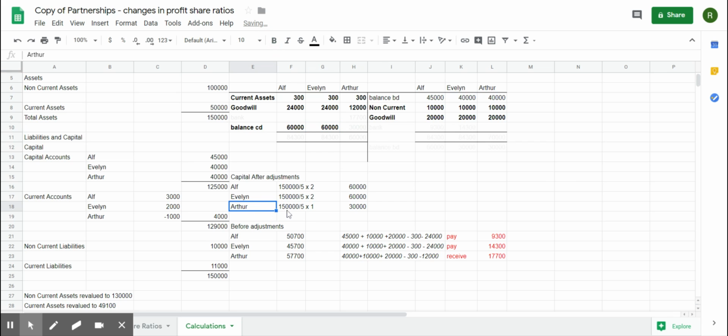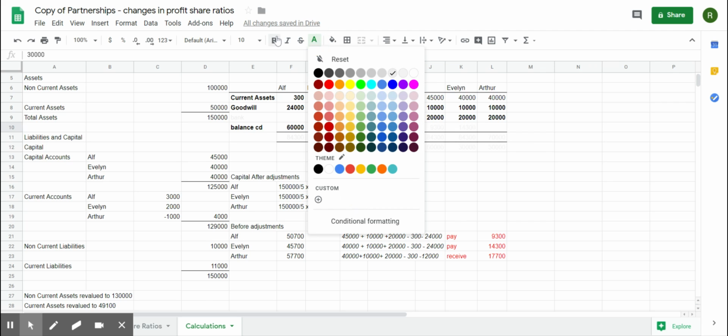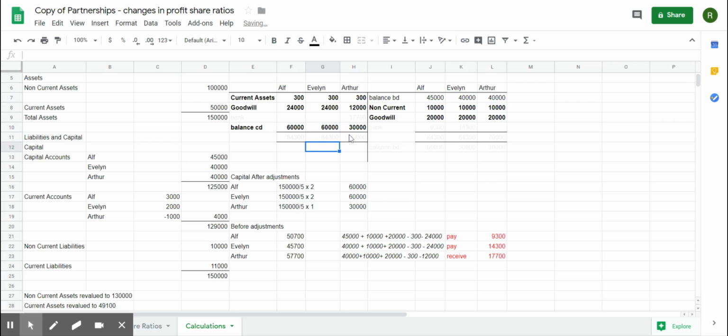And Arthur only needs to have 30,000 in the business. Okay, so the total capital now in this business is 150,000.